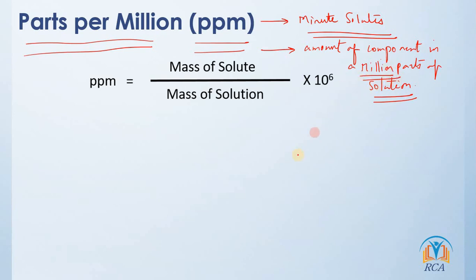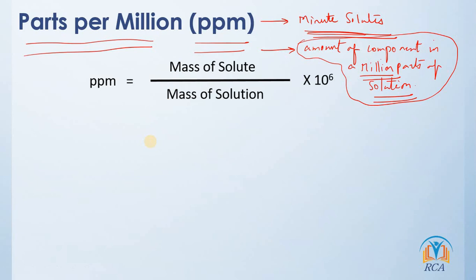So this will actually give you a better representation of the concentration. We'll check that with an example as well. So right now, parts per million is the amount of component in a million parts of the solution, and it is calculated for minute solutes. Now what is the formula for parts per million? It is the mass of solute with respect to the mass of solution multiplied with a million, which is 10 lakhs, 10 to the power 6.